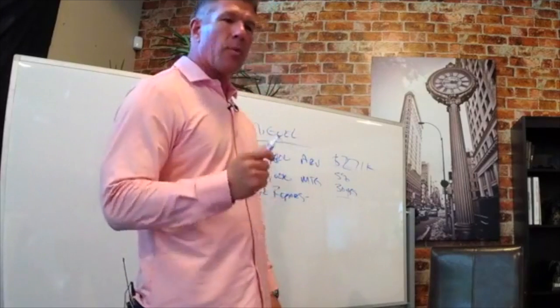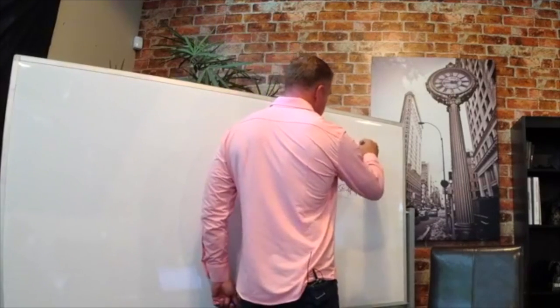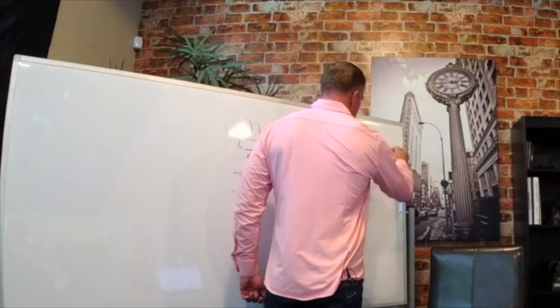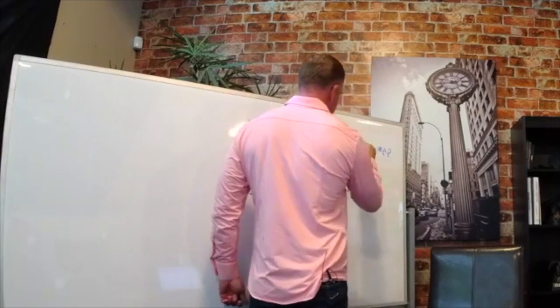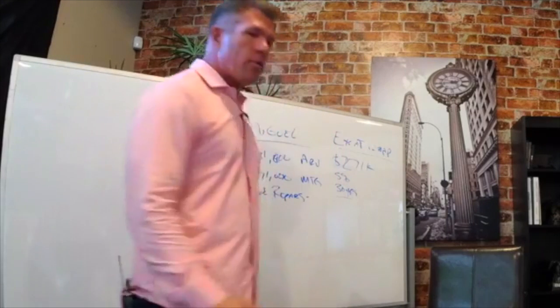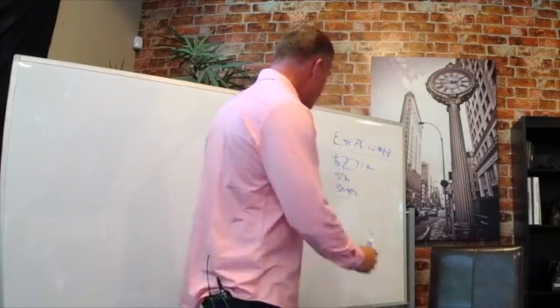So what a wrap is going to do, and it's called an exact wrap, right? An exact wrap loan. So we're going to do what's called an exact wrap loan. That looks terrible, but that's okay. But just listen. It's an exact wrap loan, right?